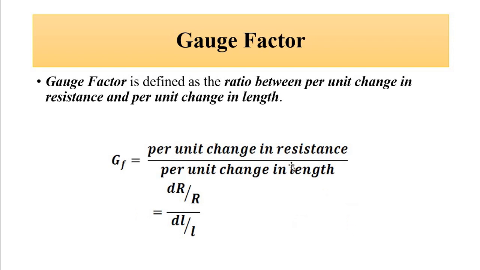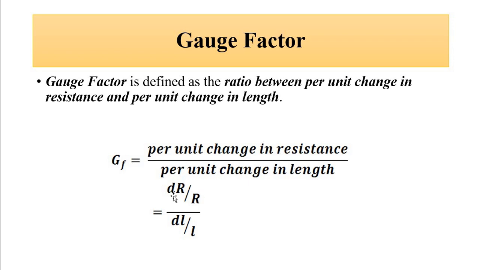Then gauge factor. As I said, when length and cross-sectional area undergo change, resistance will undergo change, but gauge factor measures the ratio between the change in resistance and the change in length, which is the per unit change in resistance divided by the per unit change in length.